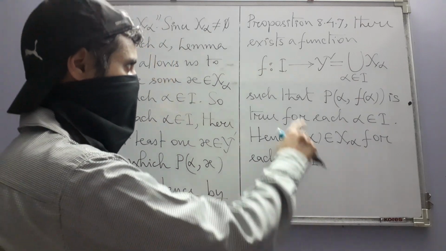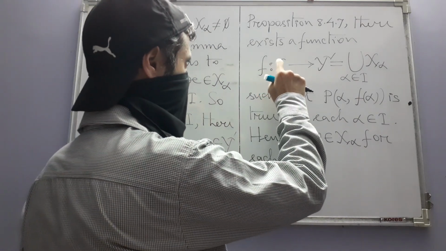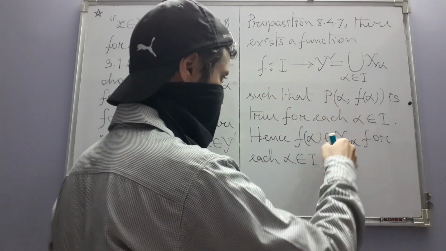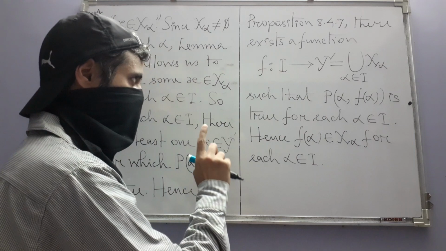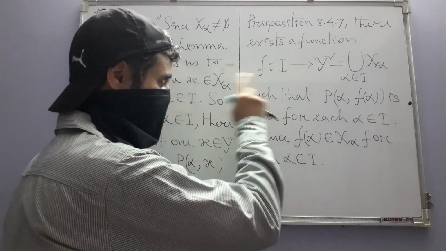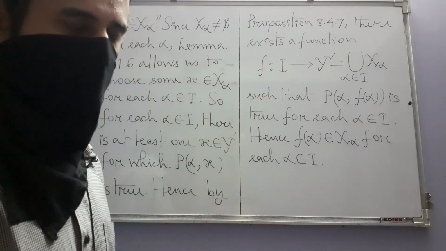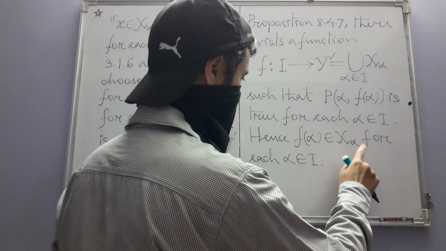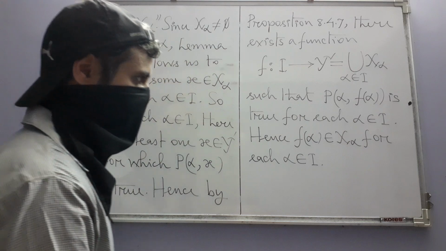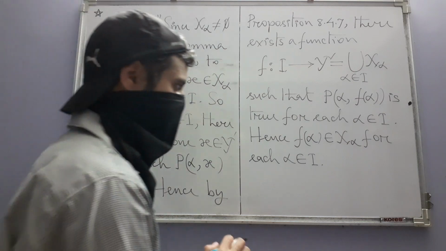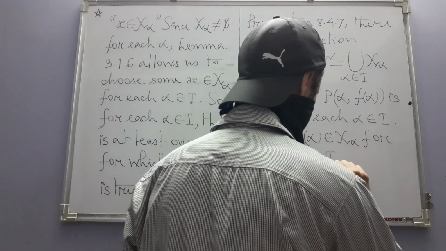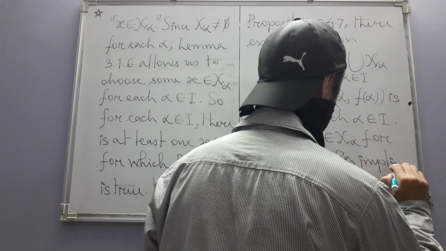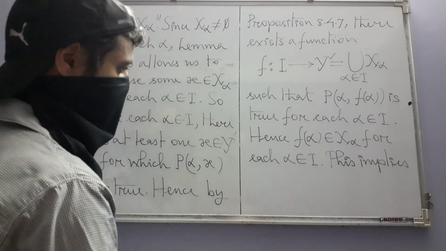F is a function from I, the index set, into the union of those sets which I is indexing, such that f of alpha belongs to X alpha for each alpha belonging to I. Hence, this implies what?